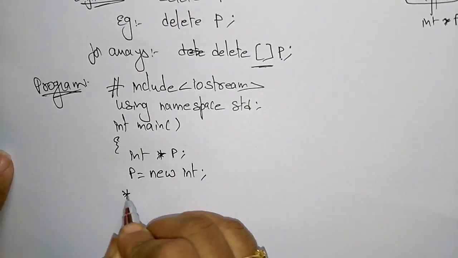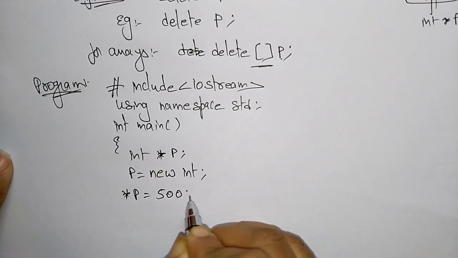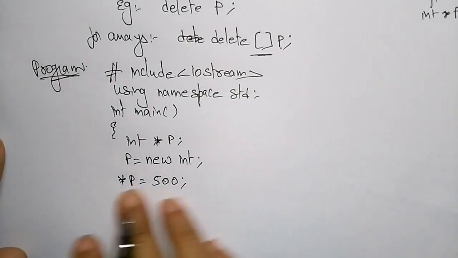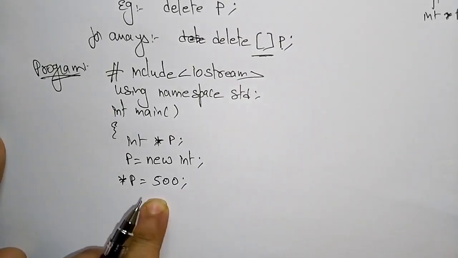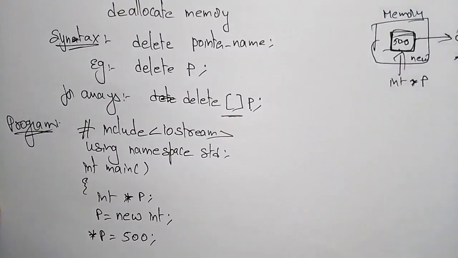Now I'm entering some value into that location, that is 500. I just enter the value 500, so in that particular memory location 500 will be stored.